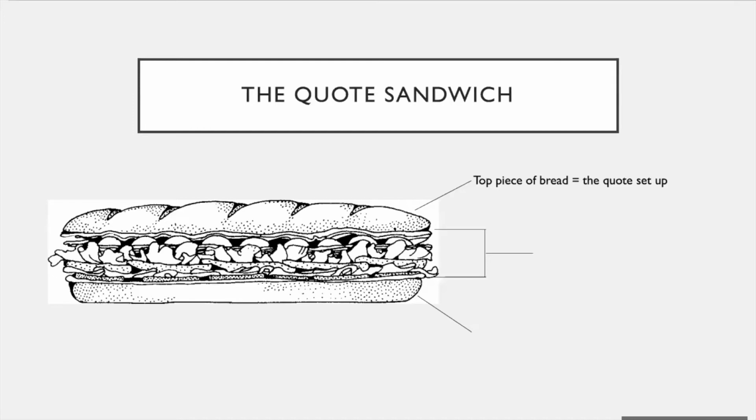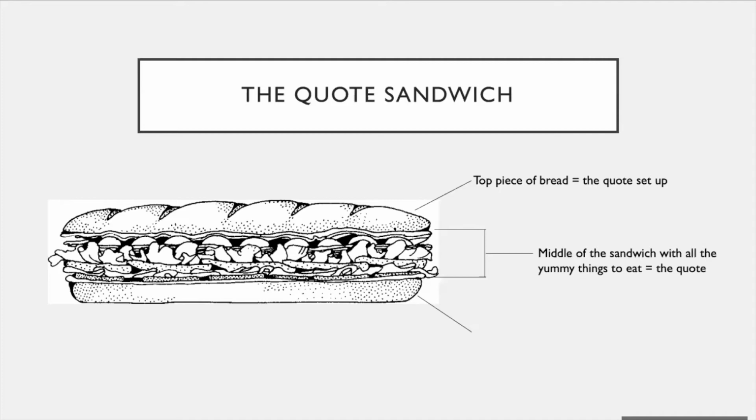You really got to have that top piece of bread, and you really need to have a quote setup. Again, in a few moments, we're going to talk about what quote setups are. So as long as you remember that you need them and that they're important, that's perfect. The next thing you need is the middle of the sandwich. That's where all the yummy goodness is.